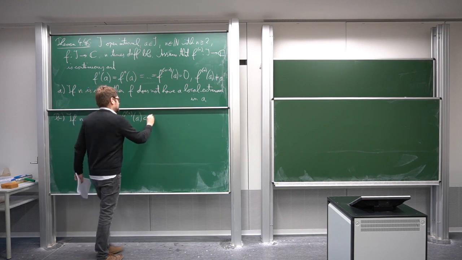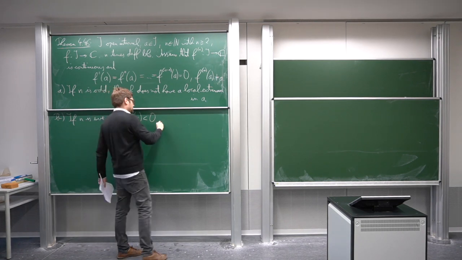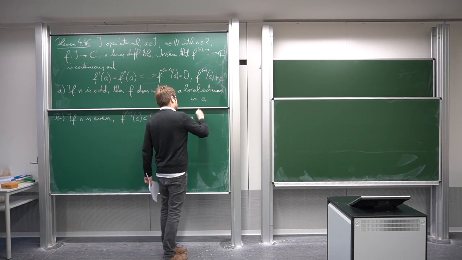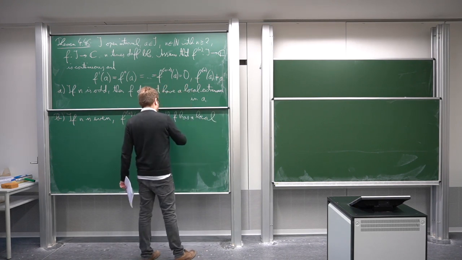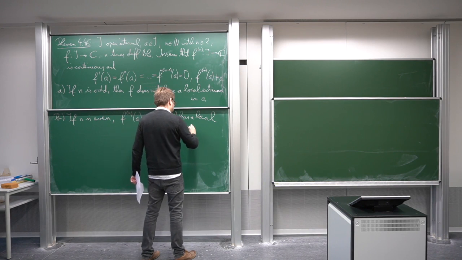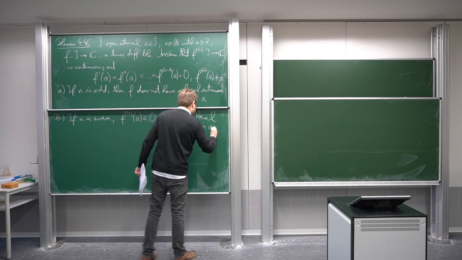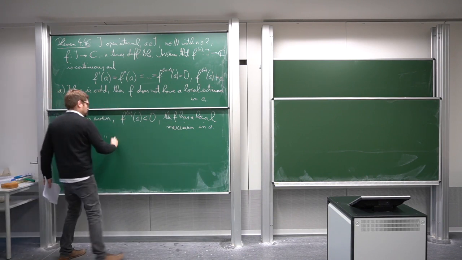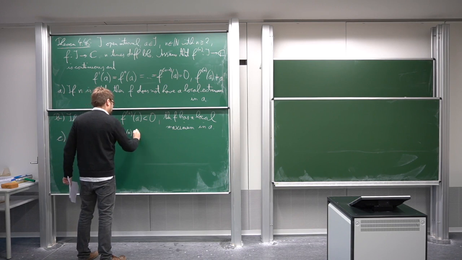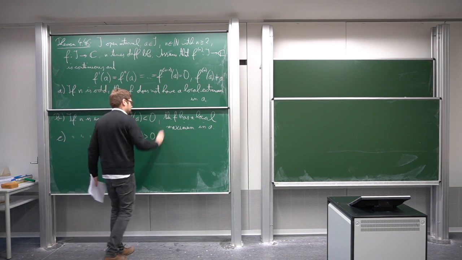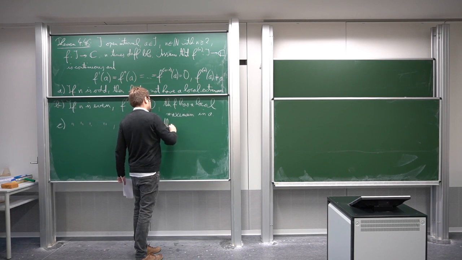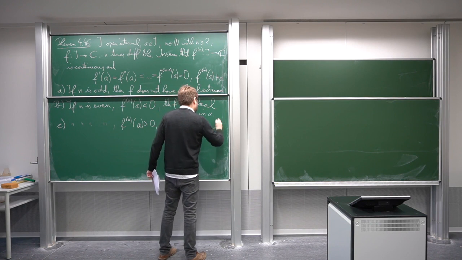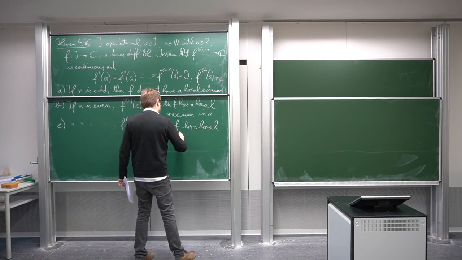If f^(n) of A is negative, then f has a local maximum in A, and if n is even and the nth derivative is positive, then f has a local minimum in A.